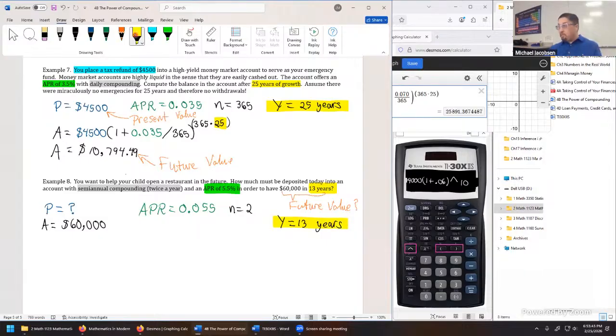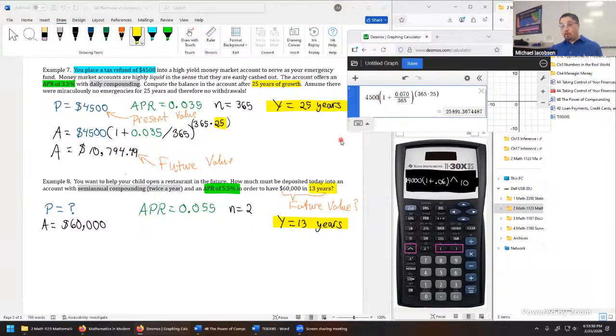So it becomes a tricky problem. One thought is you could put things into a formula like this, make some adjustments, put in a 2 here, 2 here, change what the APR is, put in 0.055 now, and just try to put in the right value that's going to target $60,000.